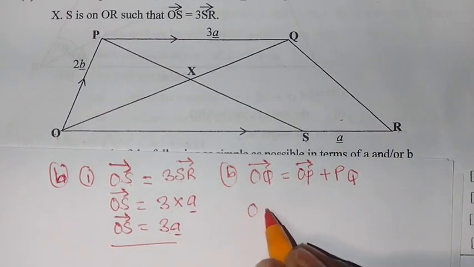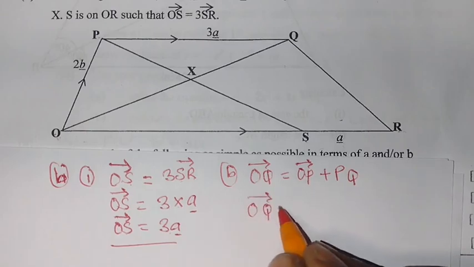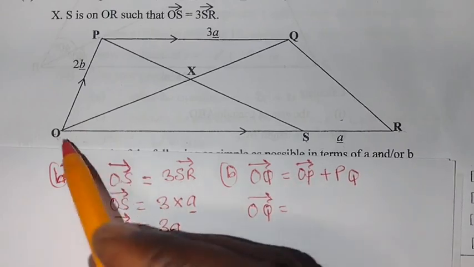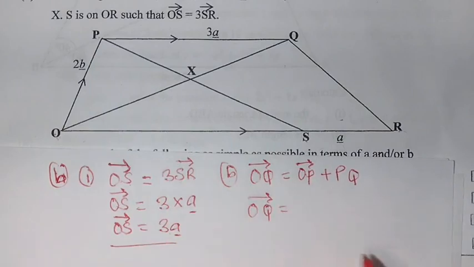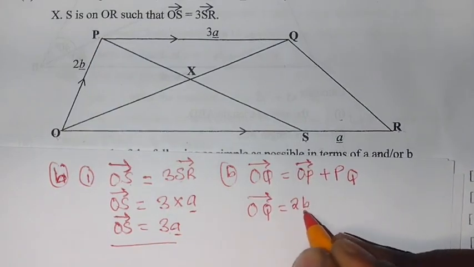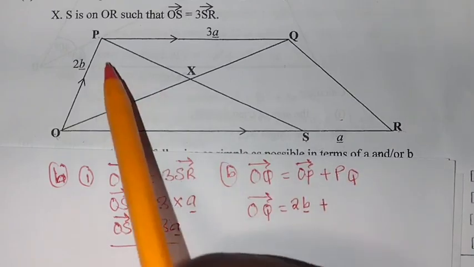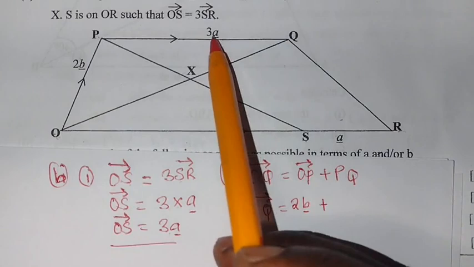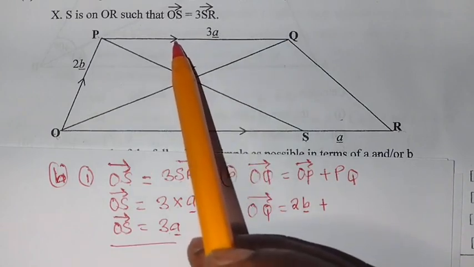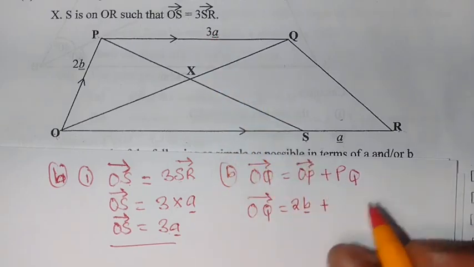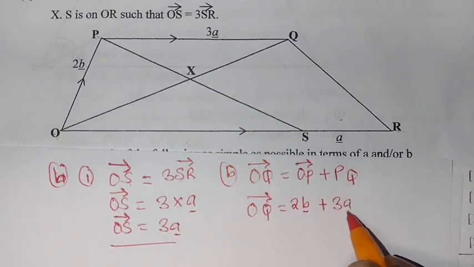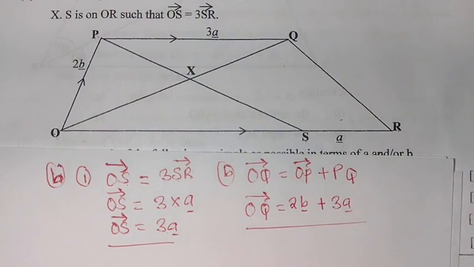So OQ equals OP. From O to P we have 2B vector. So I write 2B vector plus PQ. This is PQ, we have 3A vector. Make sure you follow the direction. So we write 3A vector. So this is our answer.